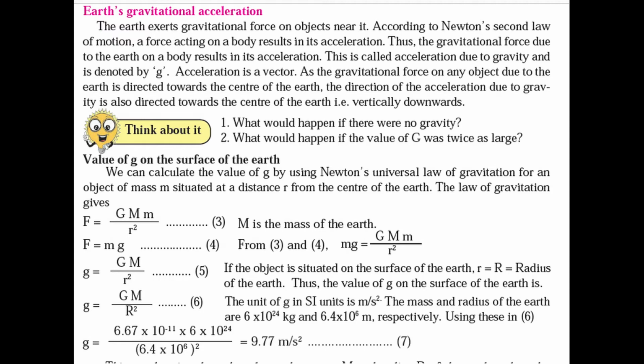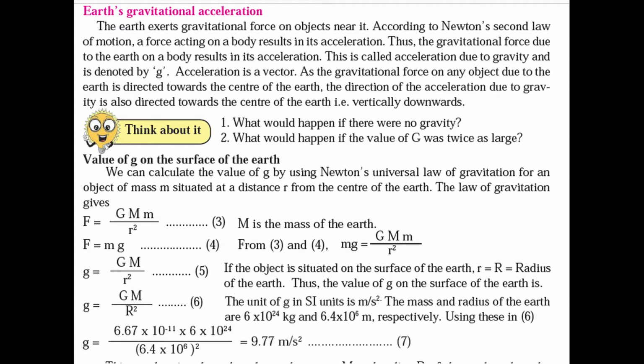Now look at the value of g on the surface of the Earth. We can calculate the value by using Newton's universal law of gravitation for an object of mass m situated at a distance r from the Earth's center. The law of gravitation is, as we know, F is equal to G M m divided by r square, where capital M is Earth's mass and small m is the mass of the object on the surface of the Earth.